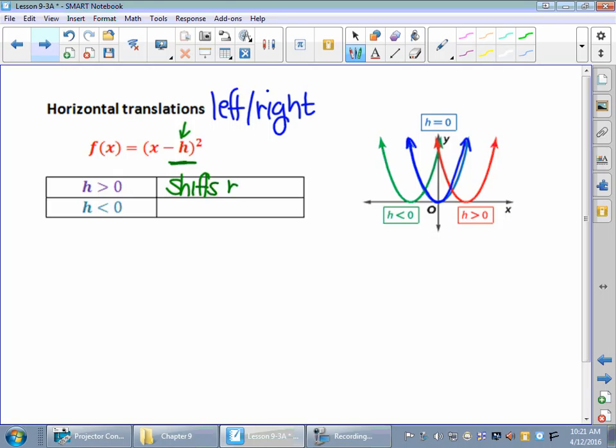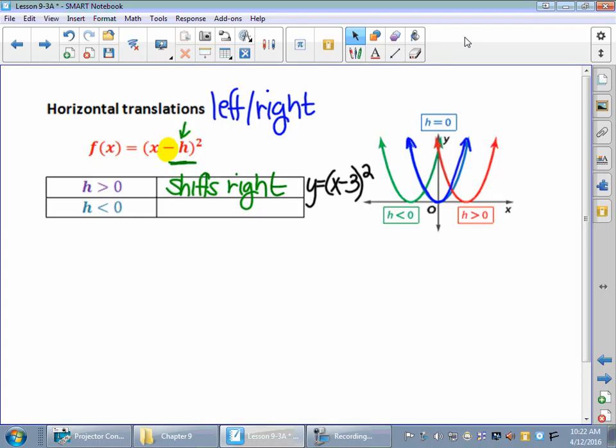However, be careful because the sign inside that parenthesis is a minus. So you have to watch. Let's do a little example right here. I might have y equals x minus 3 squared. That 3, I leave the minus behind, shifts that parabola to the right 3 places, or positive 3 places.